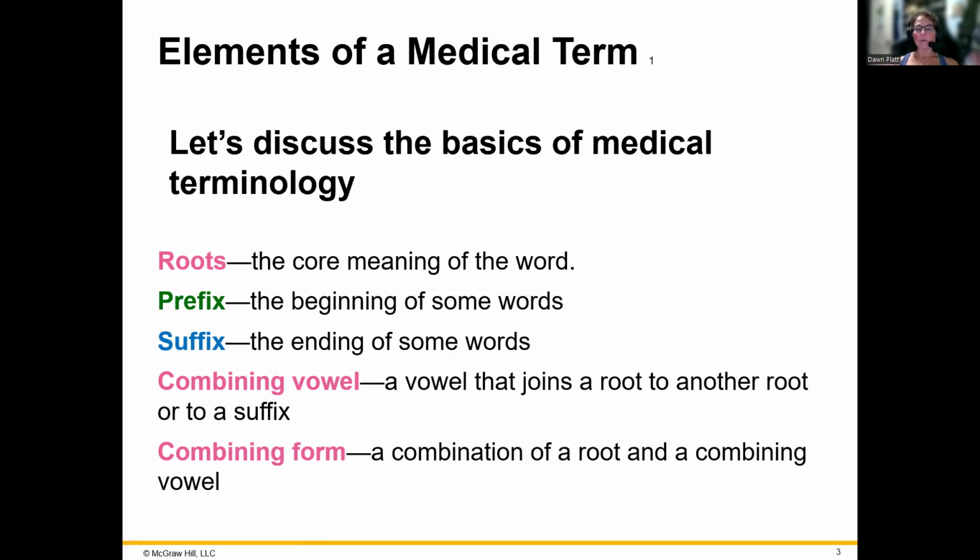If you go back to elementary school, we learned a lot about prefixes in the beginning of words to describe them, and suffixes, the ending of words to describe the word.